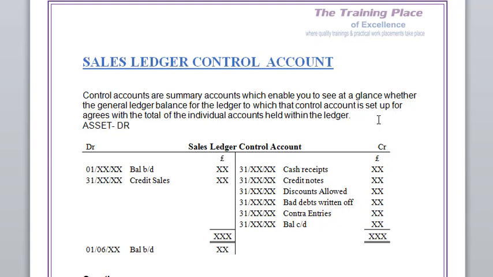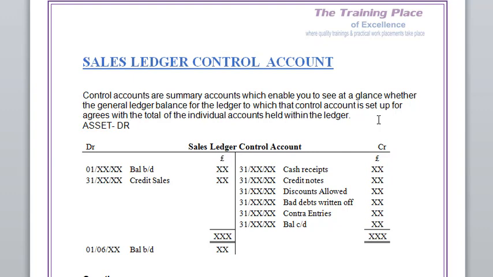And asset accounts carry debit balances by default. So it implies to me that anything that is going to increase the balance of the debtors account will be debited to the debtors control account, or SLCA. As I've mentioned, they are all different names for the same account. And anything that is going to reduce the balance will be credited to that account.